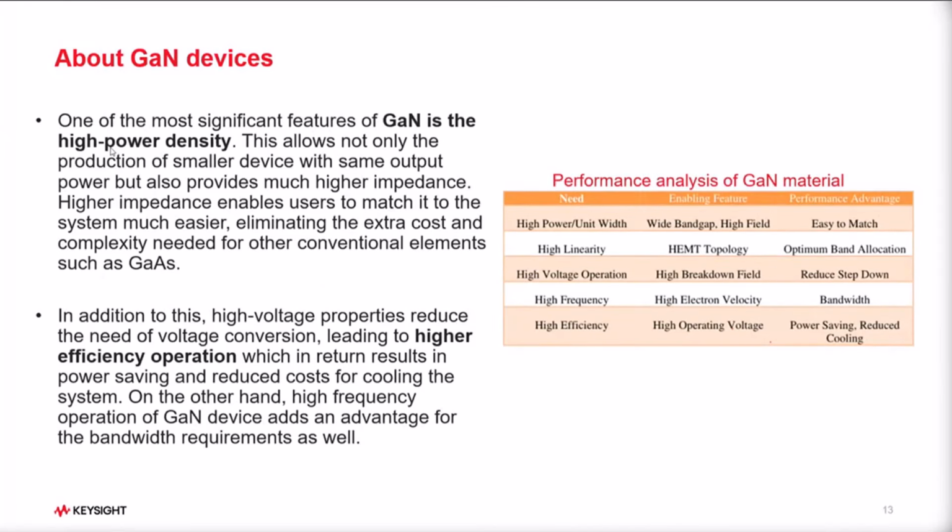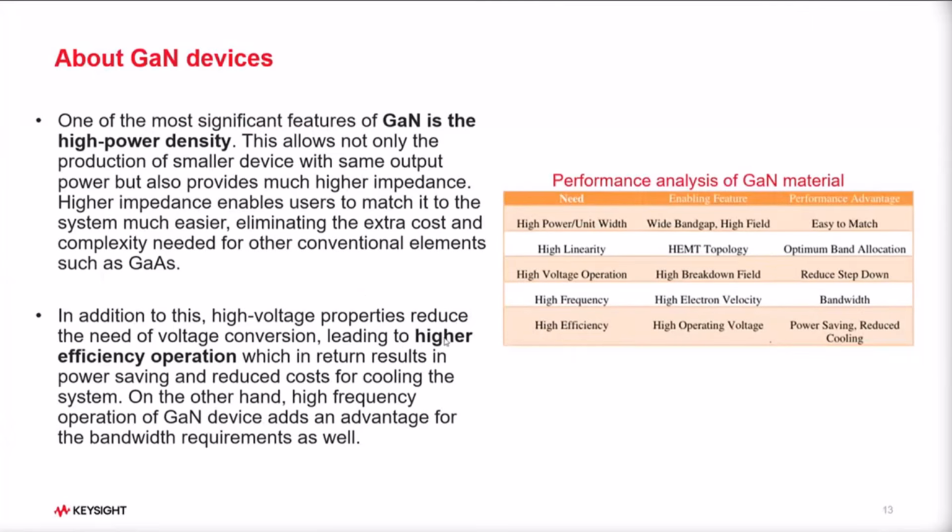So it allows you to generate more power in a small form factor. So you can work with a smaller device and you get much higher impedance. So since you have higher impedance, which is the inherent impedance of the device, your impedance matching becomes a little easier as compared to LDMOS, right?